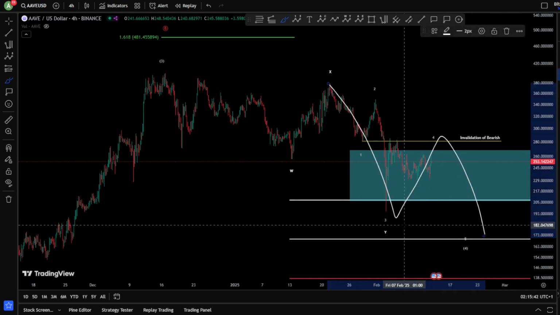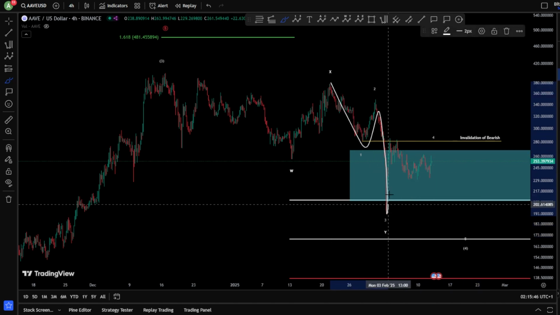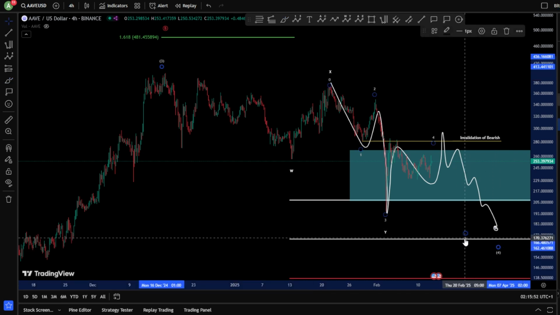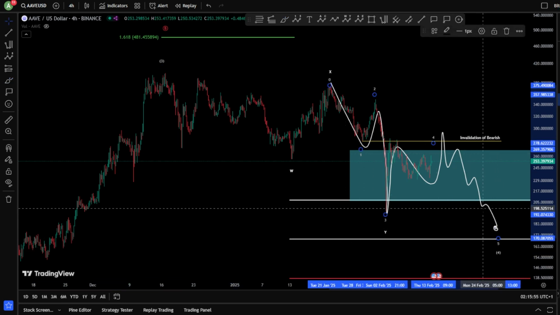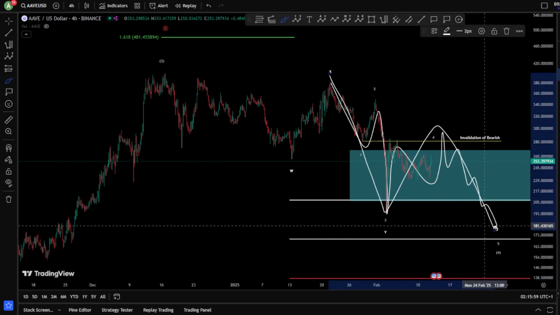Here we go. That's very possible, guys. 3 waves down, 3 waves up, 1, 2, 3, 4, 5, finishing the structure by taking the low, right? But taking the low not impulsively, but in a 3 wave structure, A, B, and a C.